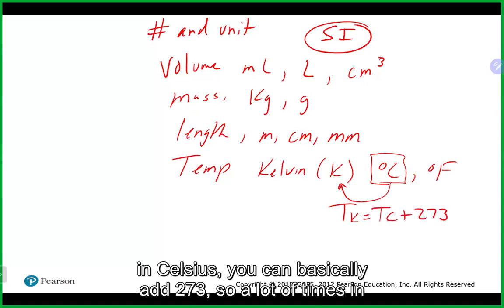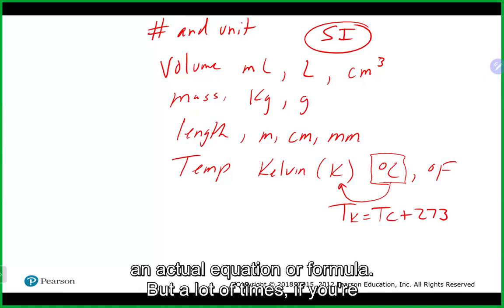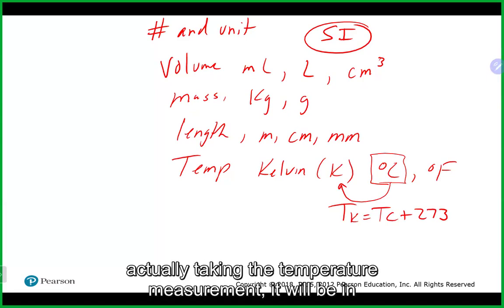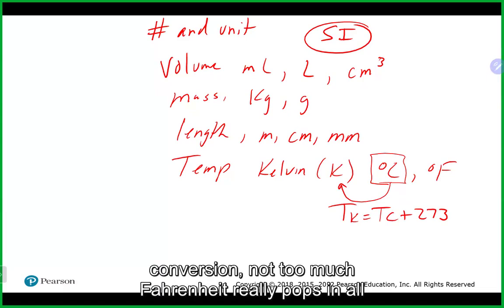A lot of times in chemistry, the temperature needs to be in Kelvin to go into an equation or formula, but if you're actually taking the temperature measurement, it will be in Celsius. So Celsius to Kelvin is a very common conversion.